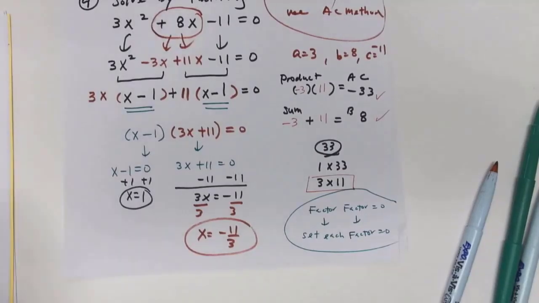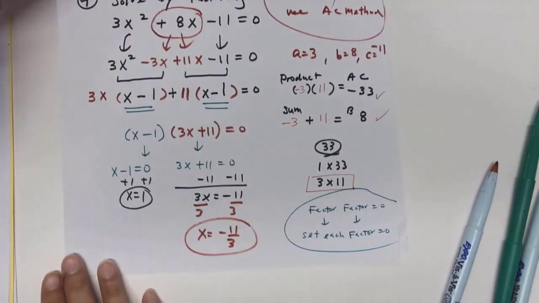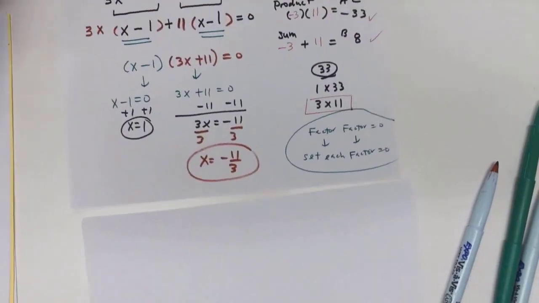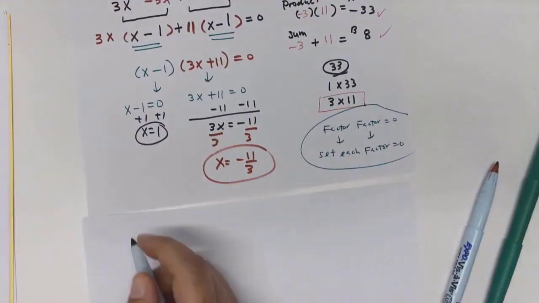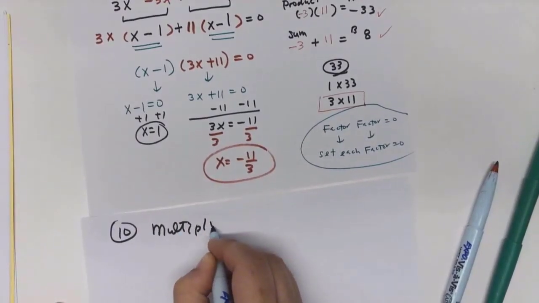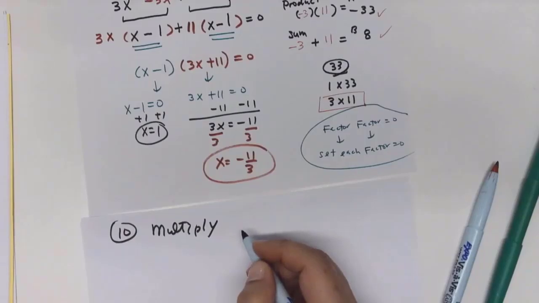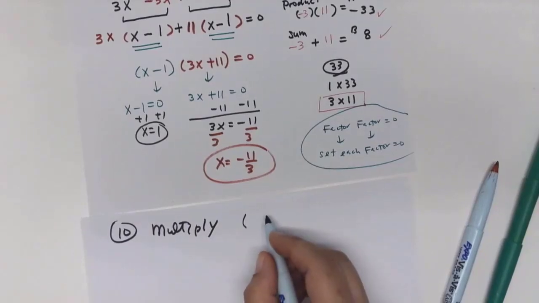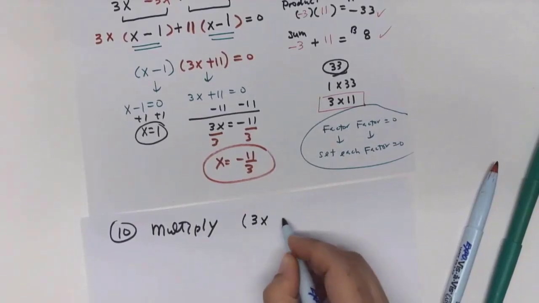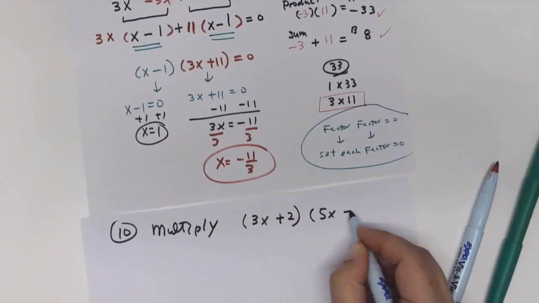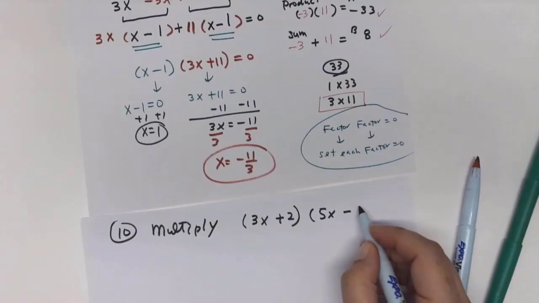Alright, one more, number 10. They want you to multiply 3x plus 2 times 5x minus 4.